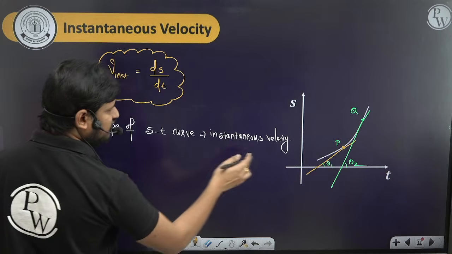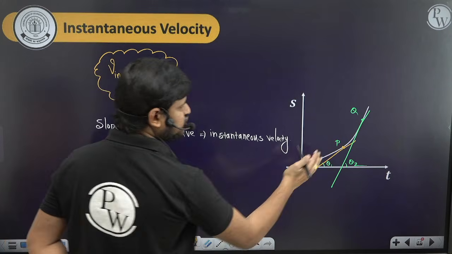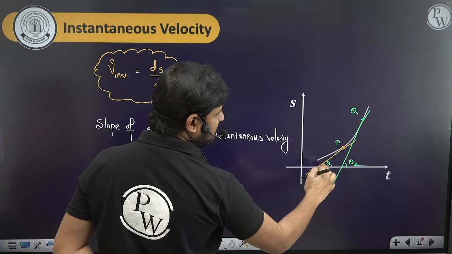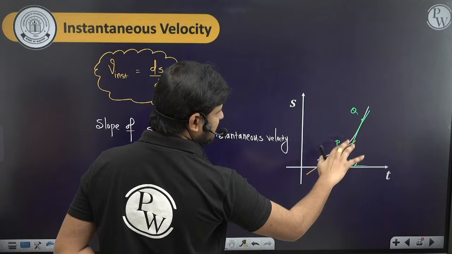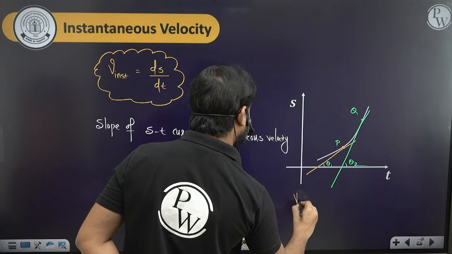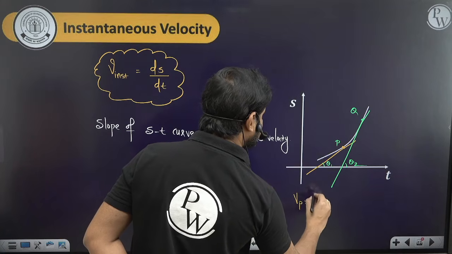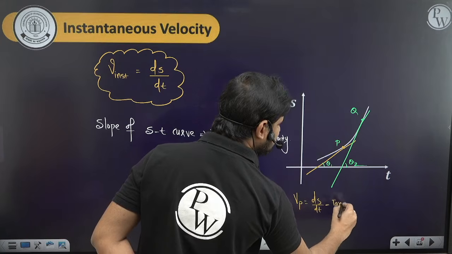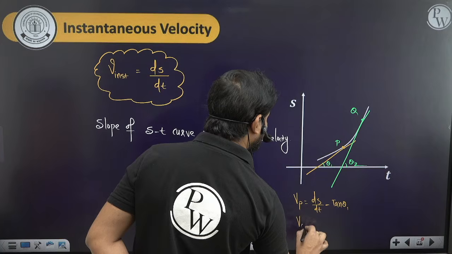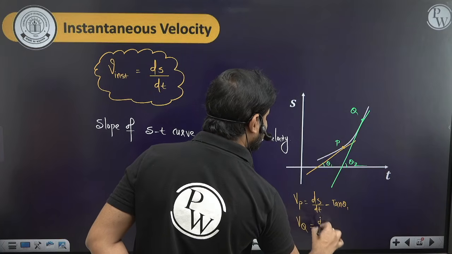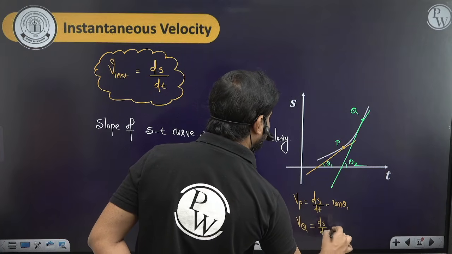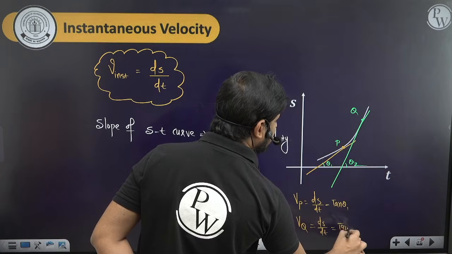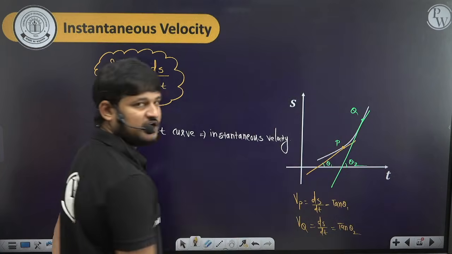If you want to find it at point P, it is ds by dt, with some angle theta 1, so the velocity at point P is ds by dt, which is equal to tan theta 1. Find the slope at that point. At point Q, again it is ds by dt, which is equal to tan theta 2, the slope at that particular point.